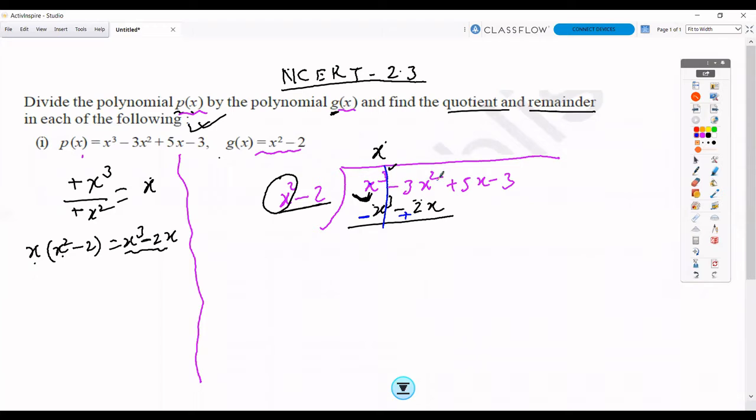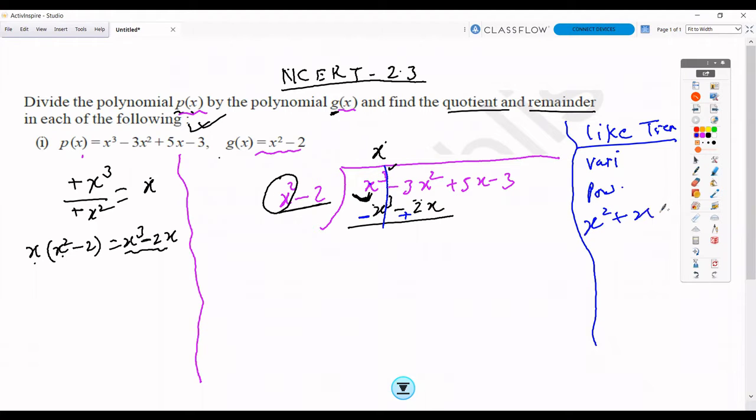Now think, this is x square and this is x. We cannot add x square with x, as the rule says only like terms can be added and subtracted. And like terms mean what? The variables must be the same and the power of the variable must also be the same. So x square plus x will remain the same, but x square plus x square will be 2x square. Got it? So whenever we are thinking of addition or subtraction, we must take care of these rules also.